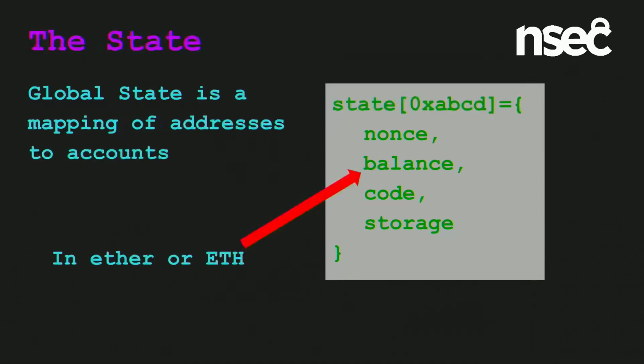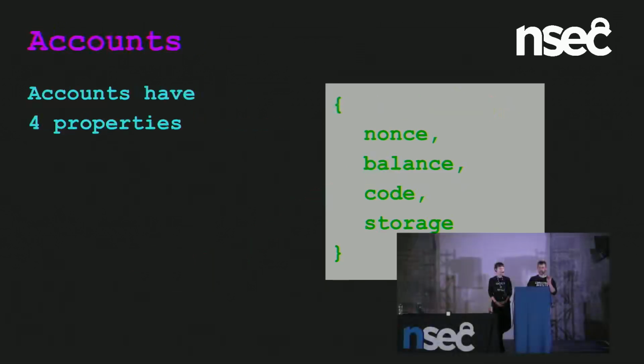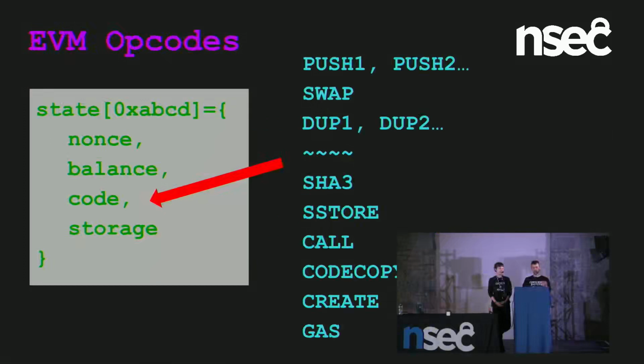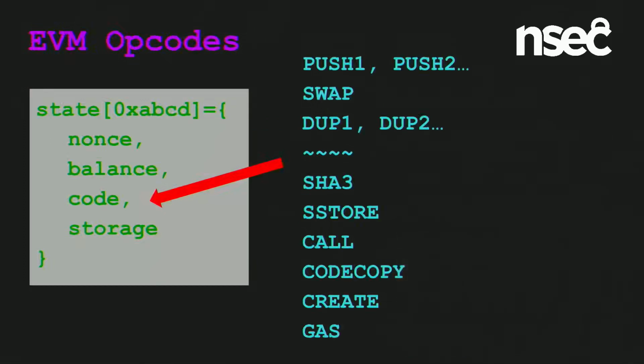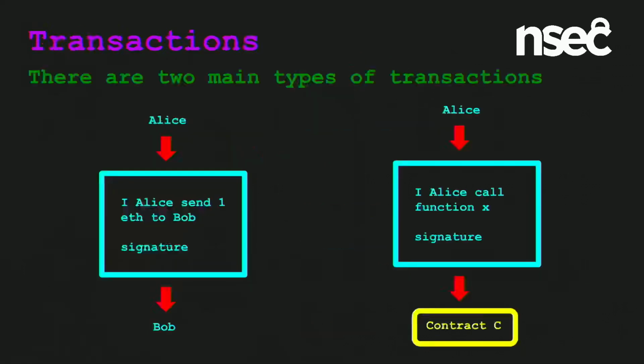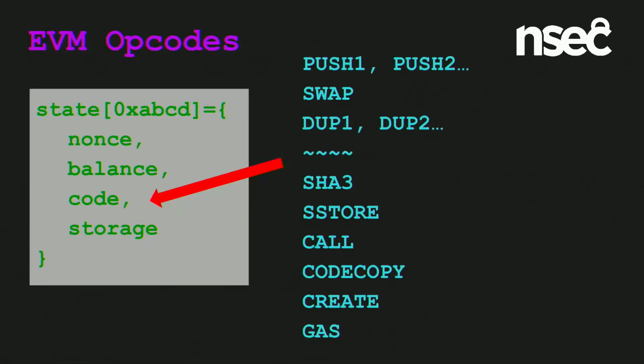The balance is measured in Ether or ETH, which is the native currency on the network. And then you have code. Code is in Ethereum virtual machine opcodes, and that may or may not be in any given account. And then you also have that last property, storage. So that's like the disk.